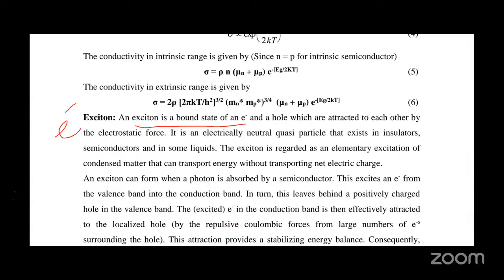So that will give excitons. It is an electronically neutral quasi-particle that exists in insulators, semiconductors, and in some liquids. So in both semiconductors and insulators, excitons will be produced. The exciton is an elementary excitation of condensed matter that can transport energy without transporting net electrical charge.